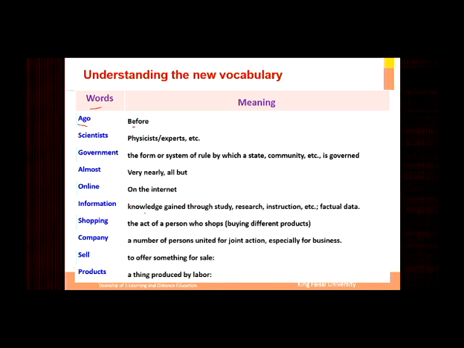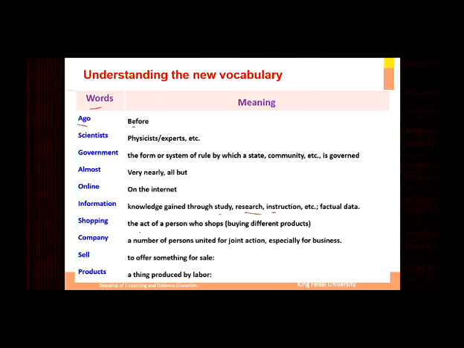The word information refers to knowledge that is gained through study, through research, through instruction, or through factual data. So when we say, for example, this person has good information, it means he has good knowledge, and this knowledge he or she has gained from his or her study, from research, from instruction, and so on and so forth.